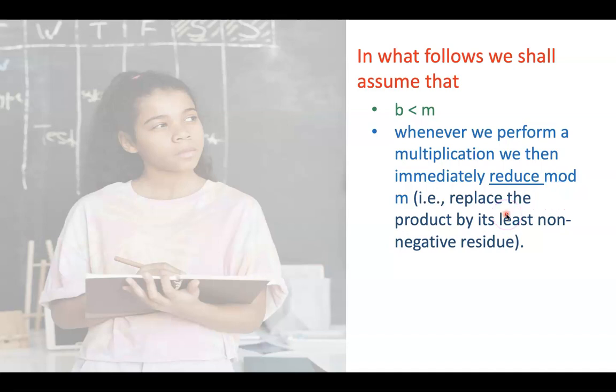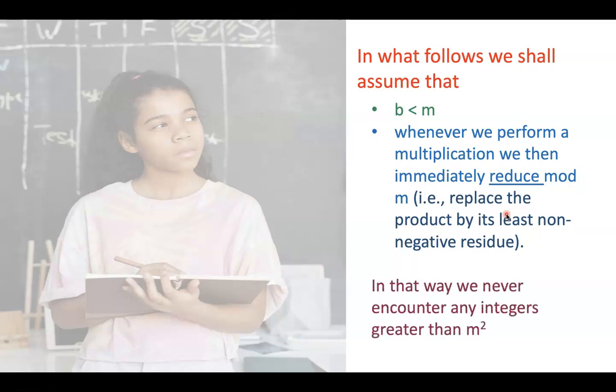That is, we replace the product by its least non-negative residue. In that way, we can make sure that the numbers involved in multiplication at any stage will be less than m, so the product will always be less than m square.